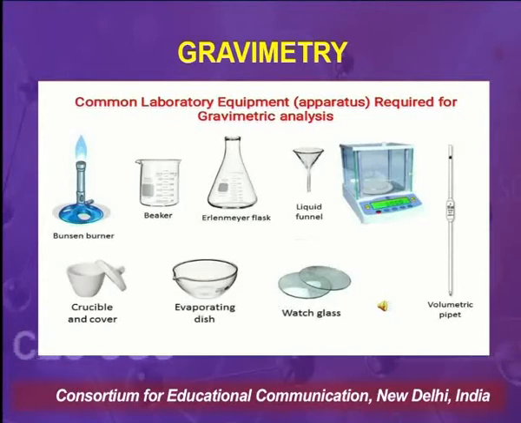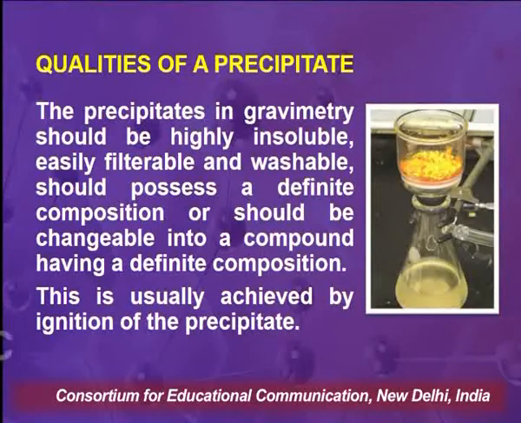So, for precipitation we need various apparatus as is shown in the figure, which are the conical flask, the china dish, and a funnel for filtering out the precipitates, the weight box, the burette for putting out the solutions, and so on.